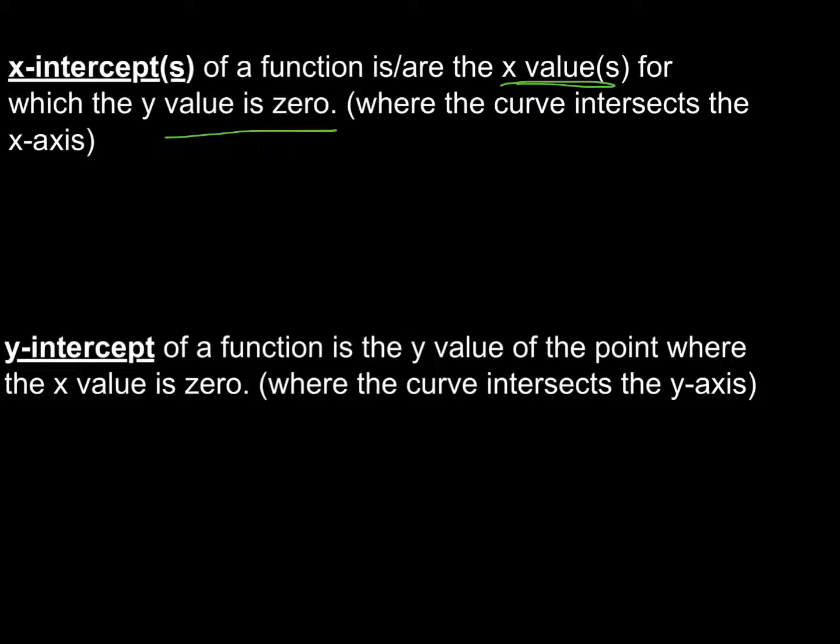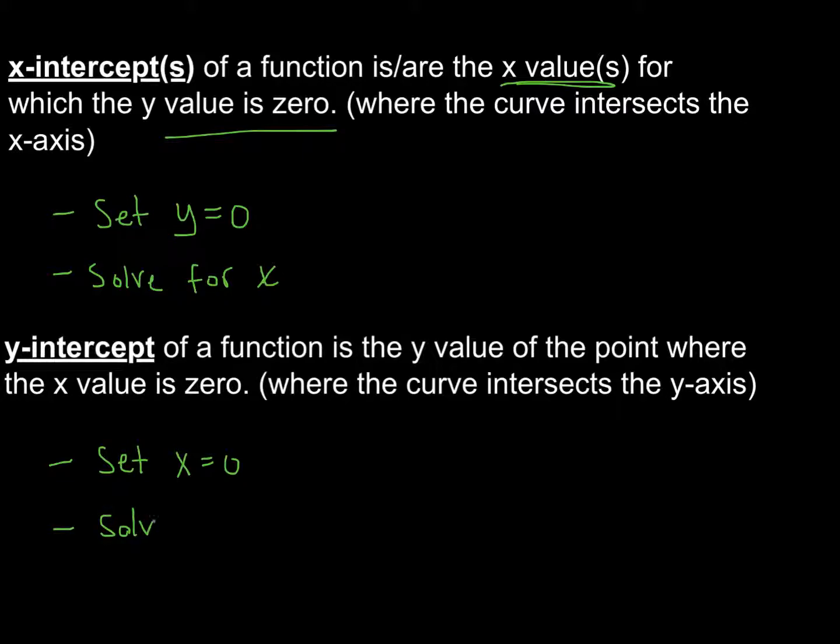So here, to find my x-intercepts, I will set y equal to 0 and solve for x. Very simple. To find the y-intercept, even easier, I will set x equal to 0 and solve for y.